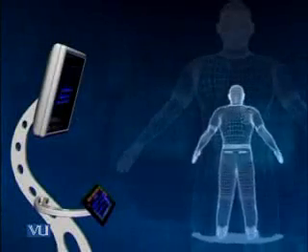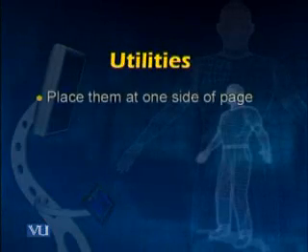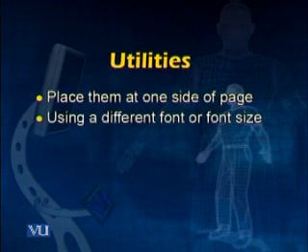So the utilities should be less prominent. So you can make them less prominent by placing them at one side of the page. You can also make them less prominent by using a different font or font size.